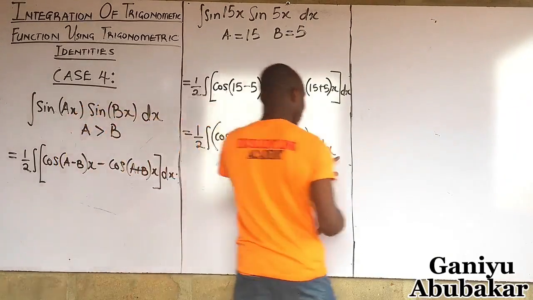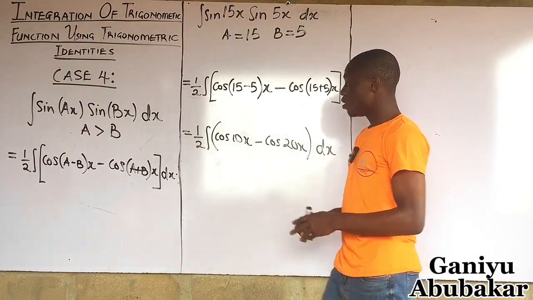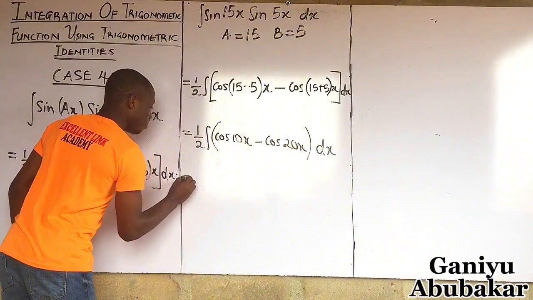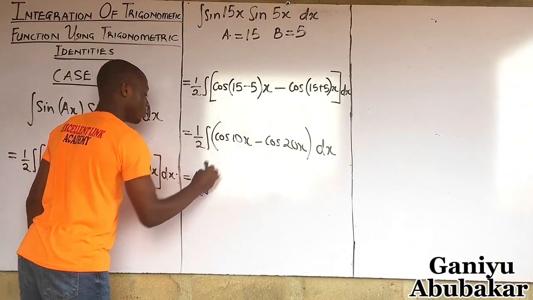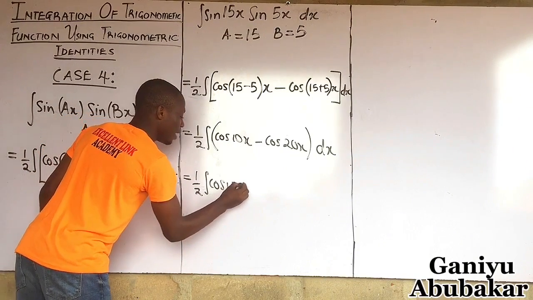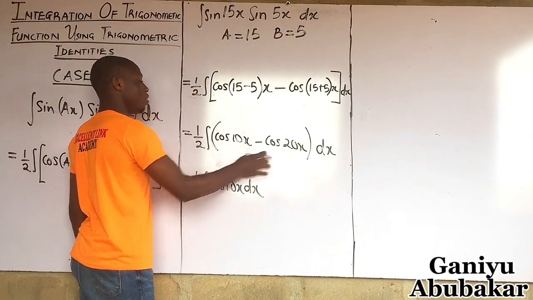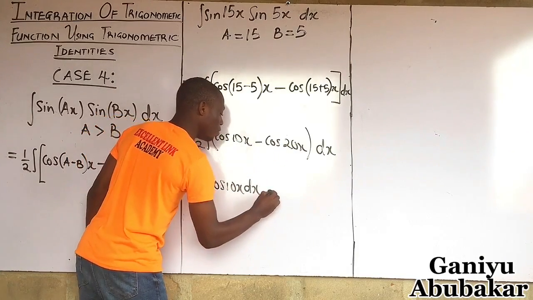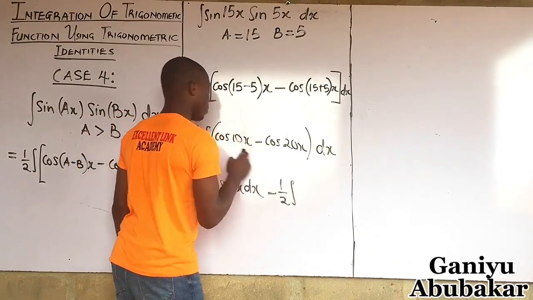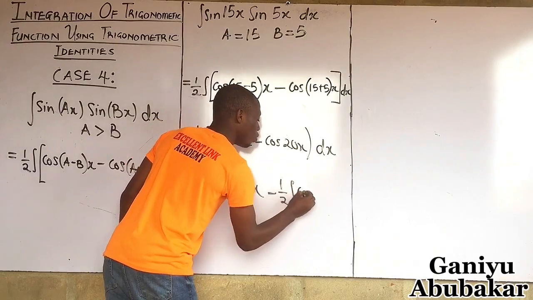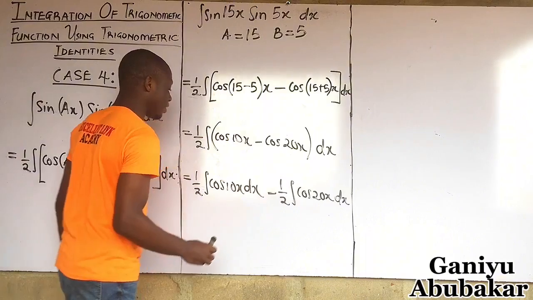Our next task is to use this half and integral to multiply through. So my answer is half integral cos 10x dx, minus half integral cos 20x with respect to x.